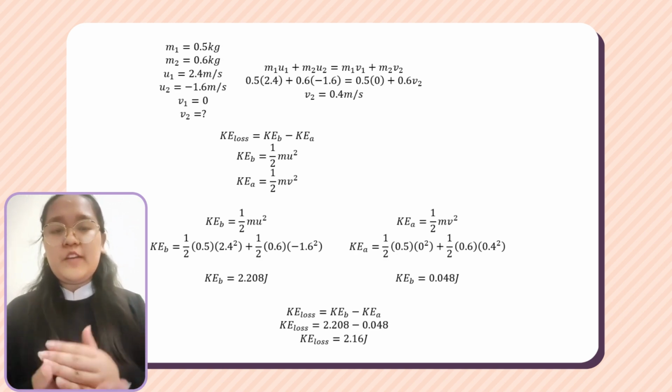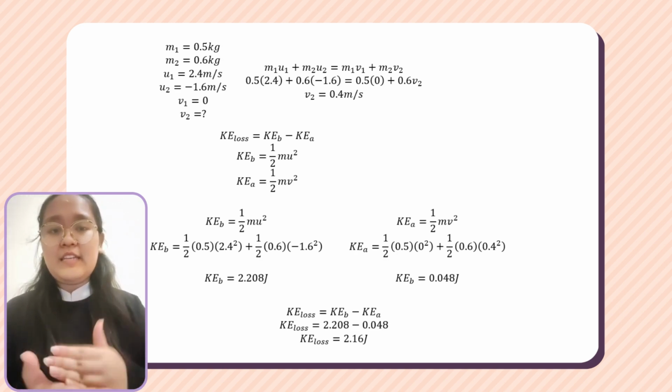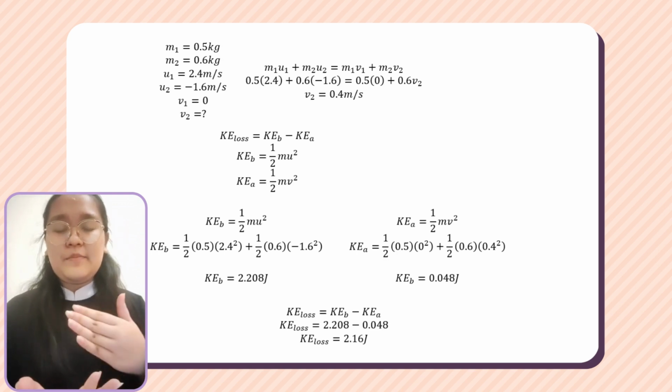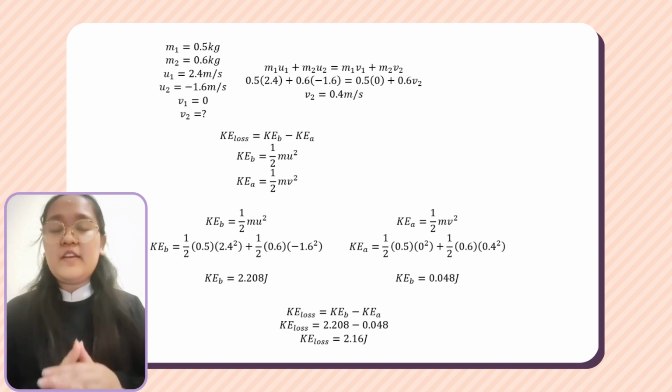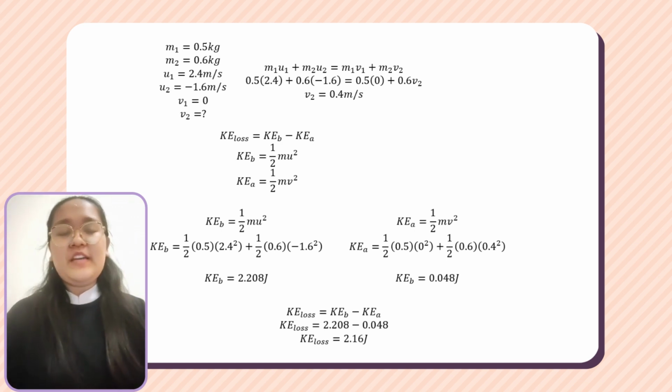The formula for kinetic energy loss is kinetic energy before minus kinetic energy after. So we have to find our before and after kinetic energy. Here our kinetic energy before equals 1/2 mu squared.